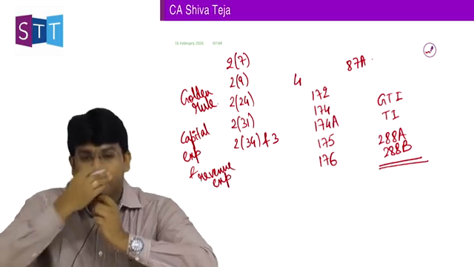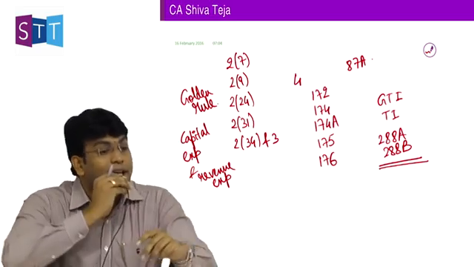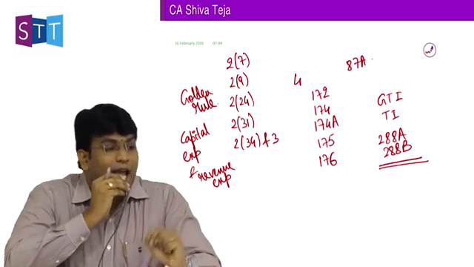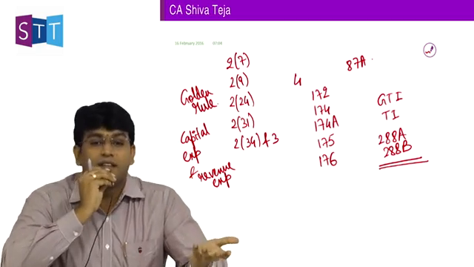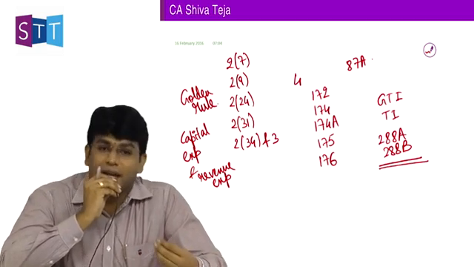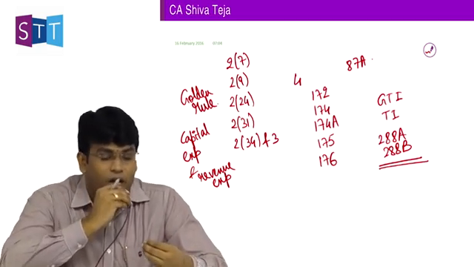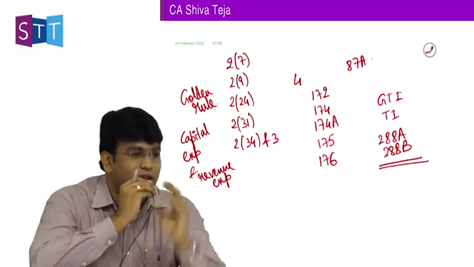Revenue expenditure is what we incur to maintain an asset. Capital expenditure is what we incur to enhance the asset. There is an enduring or long-term benefit when we incur capital expenditure. Correct, my dear friends?